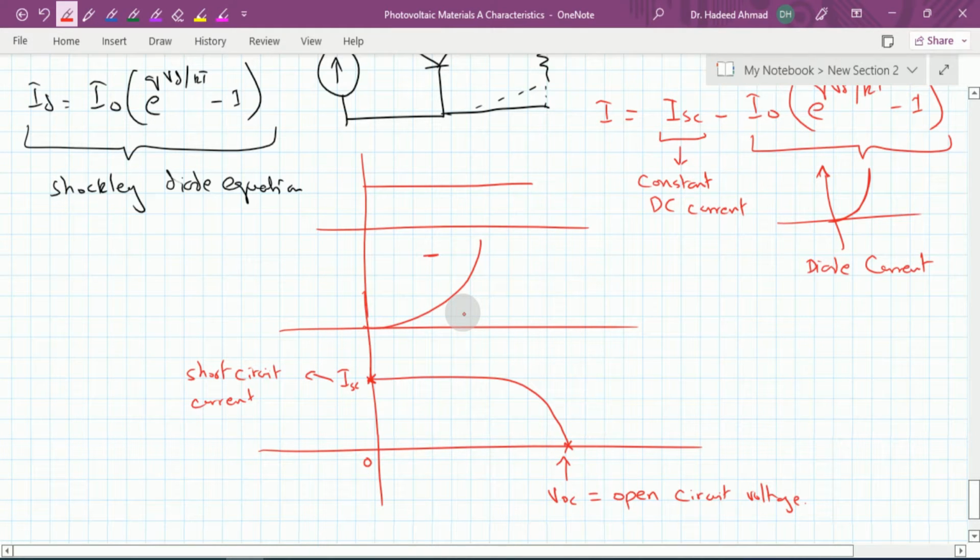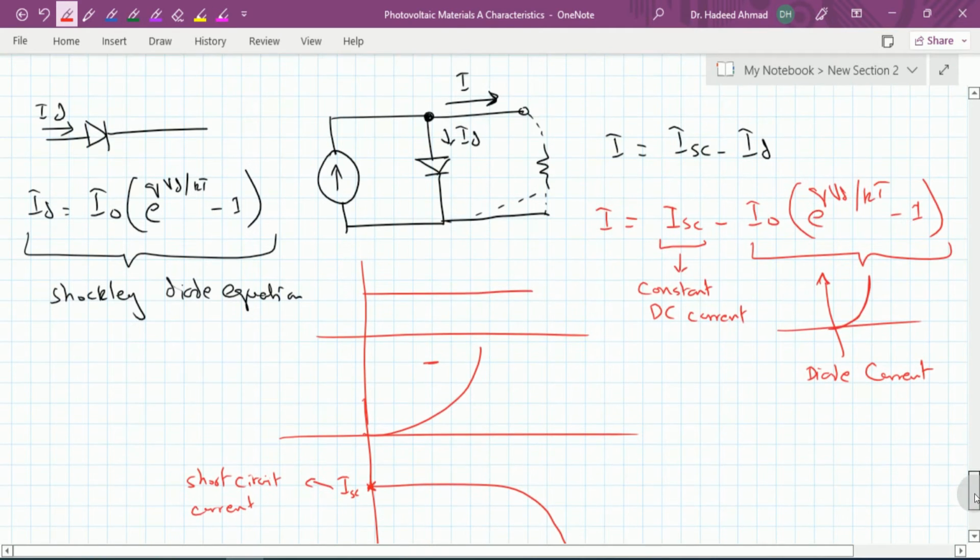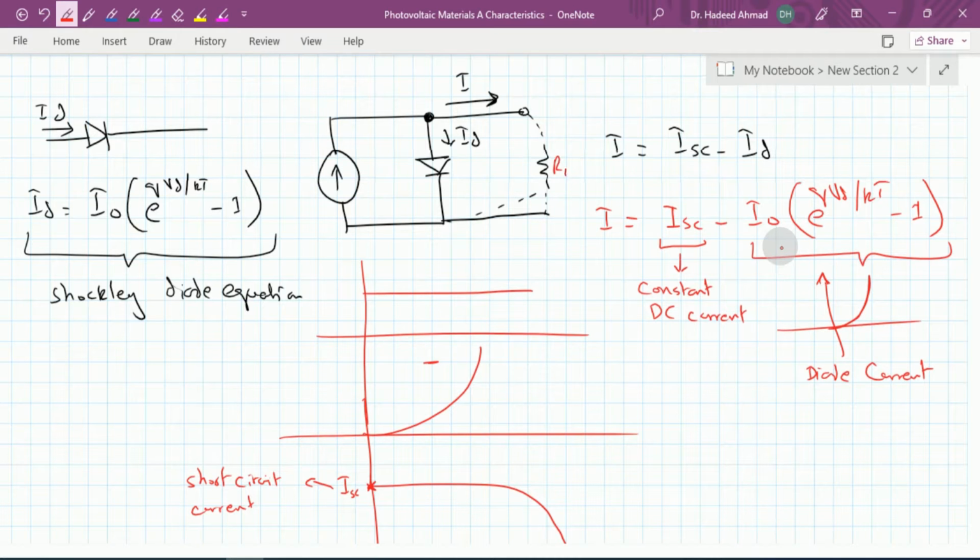Now one important point here is that the characteristic of the PV cell is not linear. If we see this characteristic curve and try to find the value of this VOC, then this VOC value can be achieved by putting this I equal to 0, because the VOC will only happen if we do not connect any load resistance RL here.